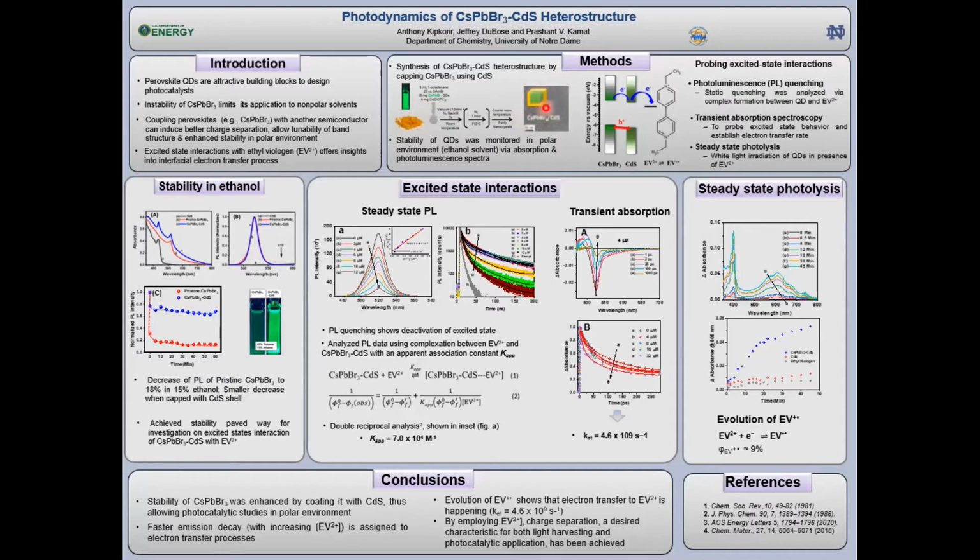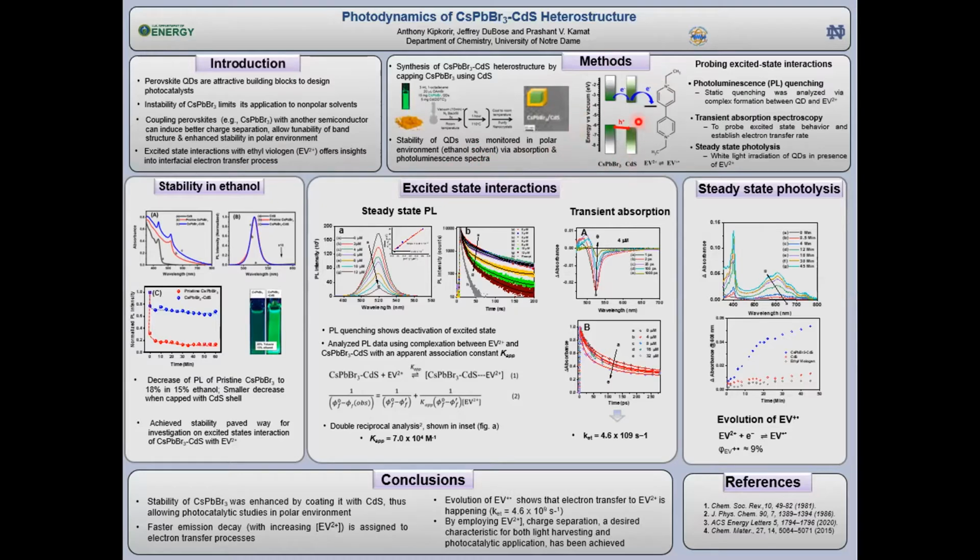This is basically giving it an inert surface that is making it operational even in a polar environment. And for the stability, we simulated a polar environment using ethanol solvent, and we monitored the changes in absorption and the PL spectra.